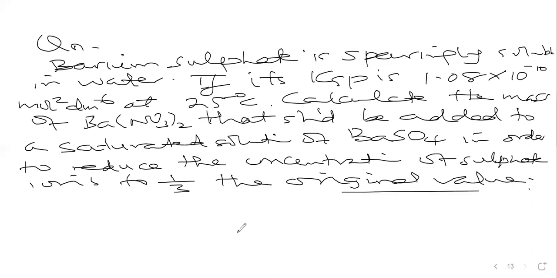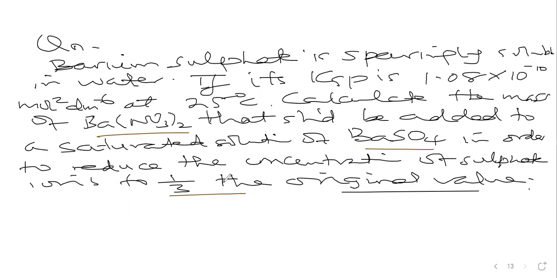To a third the original value. This is a very good question. If the solubility product of barium sulfate is that at 25, calculate the mass of barium nitrate that should be added to a saturated solution of barium sulfate in order to reduce the concentration to a third the original value.